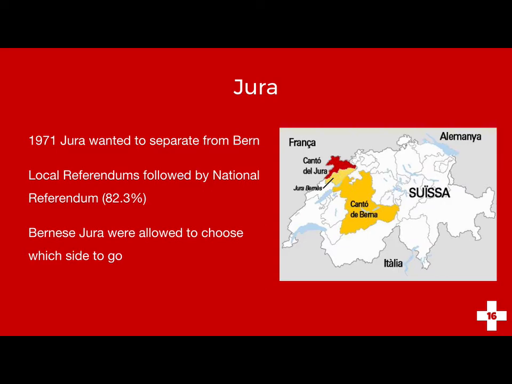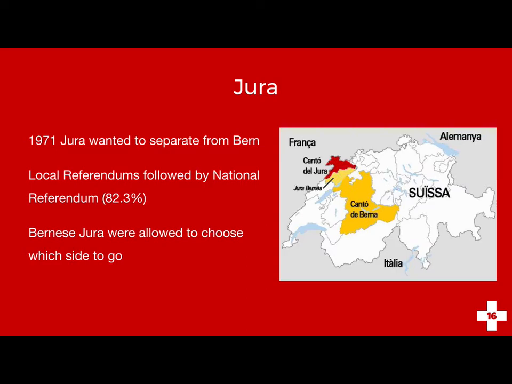And then the 4 that stayed, they were in this sort of weird position. This is called Bernese Jura, and people there actually speak French like the rest of the people of Jura, but the majority are actually Protestant, like most of the people in Bern, while Jura is mostly Catholic.